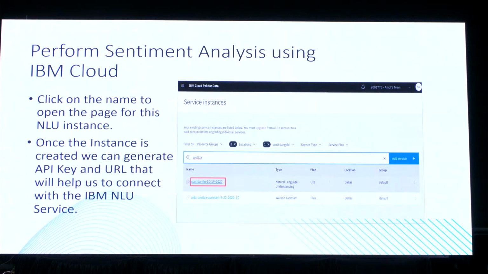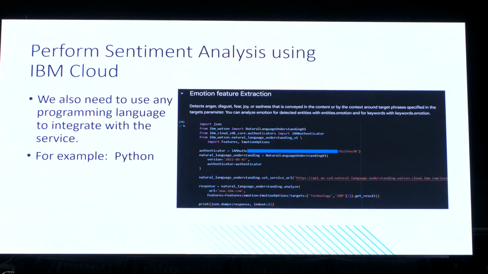You can generate an API key and URL that will help us connect with the IBM NLU service. You can take these services on IBM Cloud by creating your own ID on IBM Cloud. Then you will see this kind of code; we also need to use a programming language, so we are using Python generally.